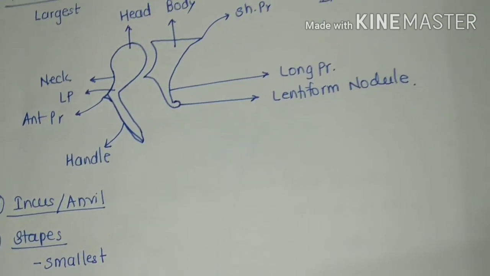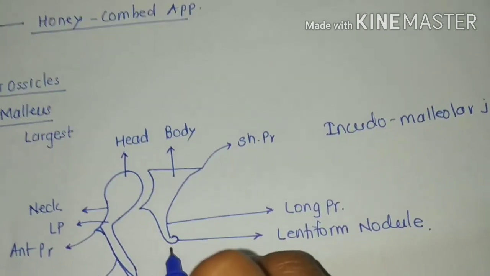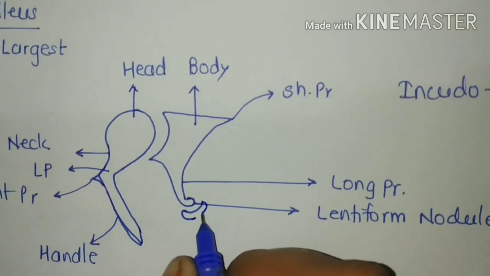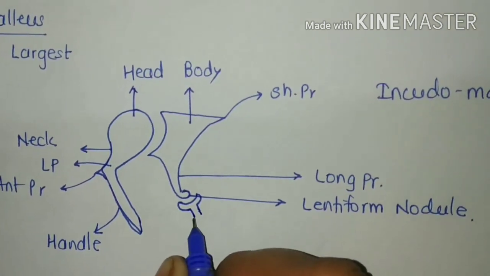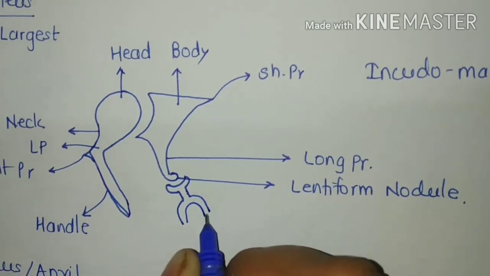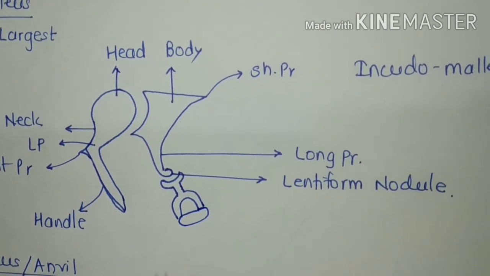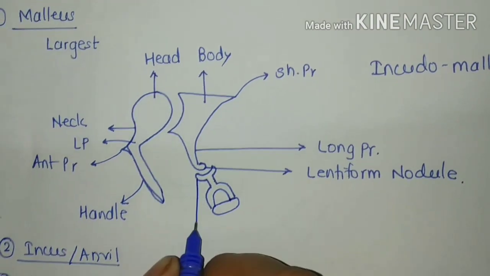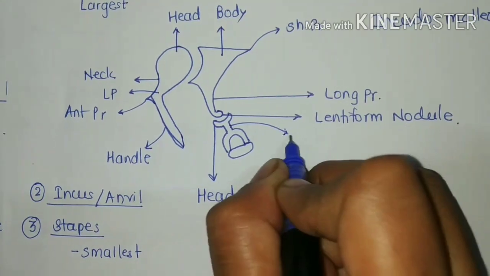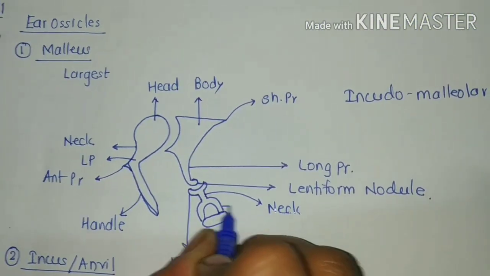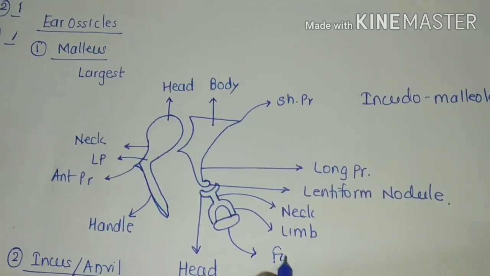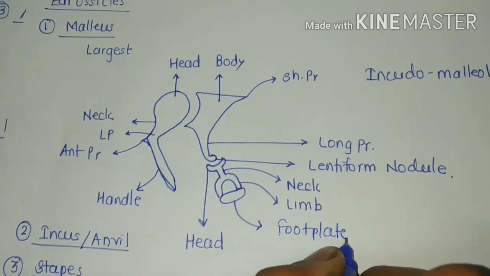It has the following parts: a small head, a neck, two limbs, anterior and posterior limbs, and a foot plate. Clear? So it has head, neck, these are the limbs, and this is the foot plate of the stapes.